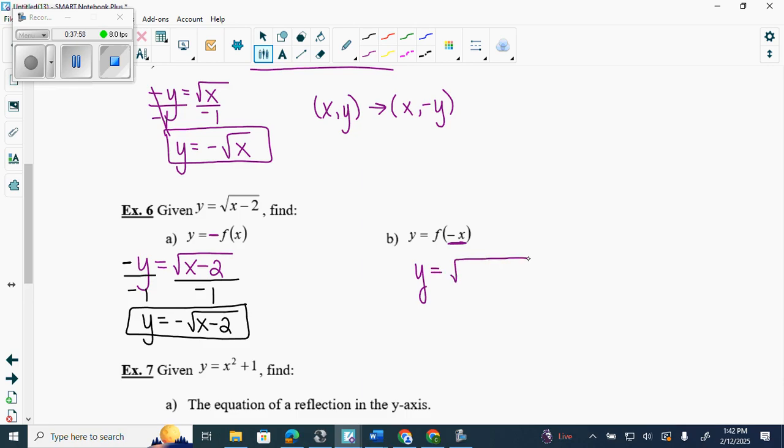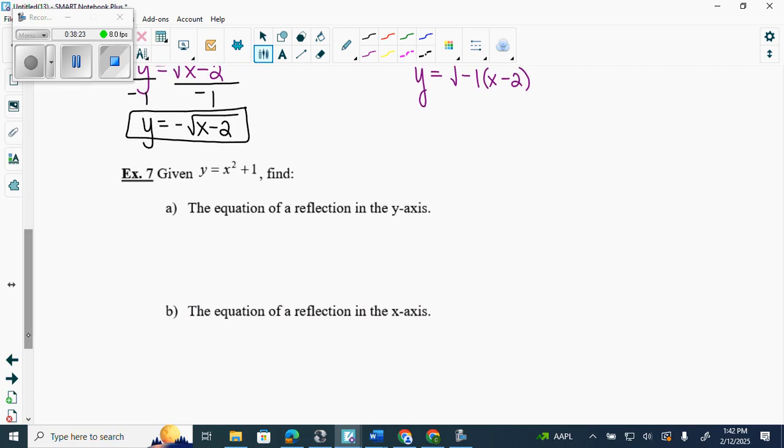So you're going to go root of (-1)(x minus 2). Remember how I put the negative in front of the y? You have to put the negative in front of all of the x. Because there's a horizontal translation, it messes it up.